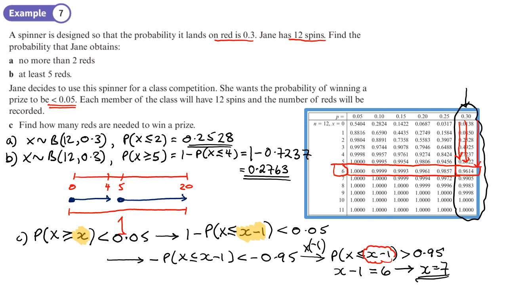So what this means is that at least 7 reds are needed to win a prize.